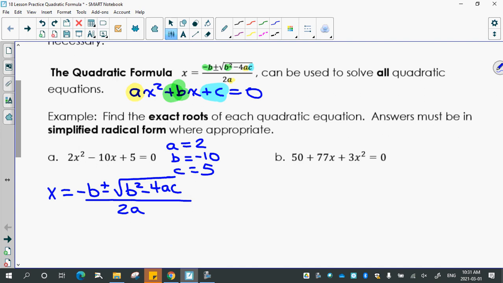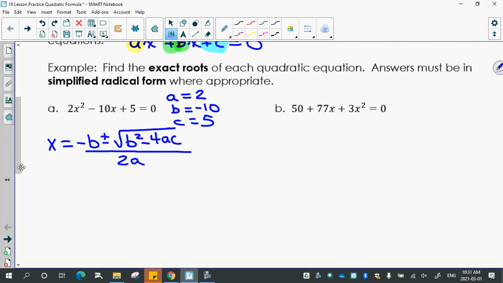I always write the formula down first before I sub in because it helps me remember it. A lot of you will be taking either physics or chemistry, math again next year. It's something you just want to know off by heart. The more times you write it down, the more you'll make a memory of it. So first step, write down the formula. Second step, substitute into the formula.